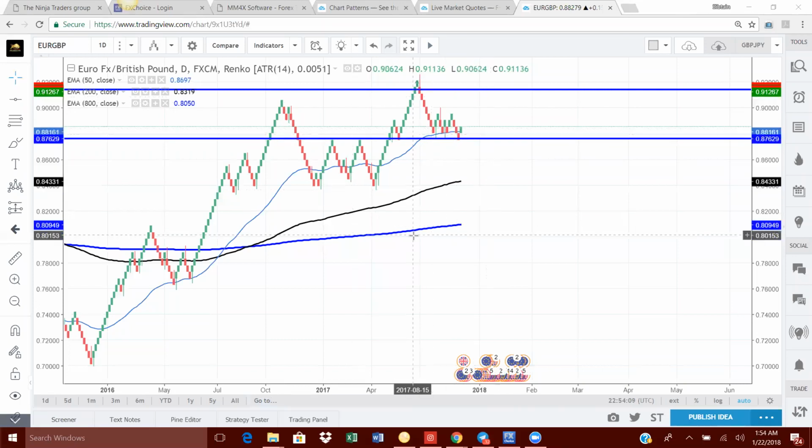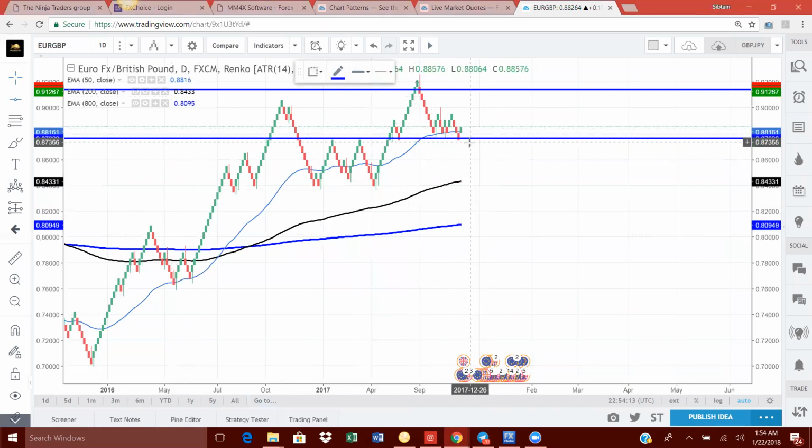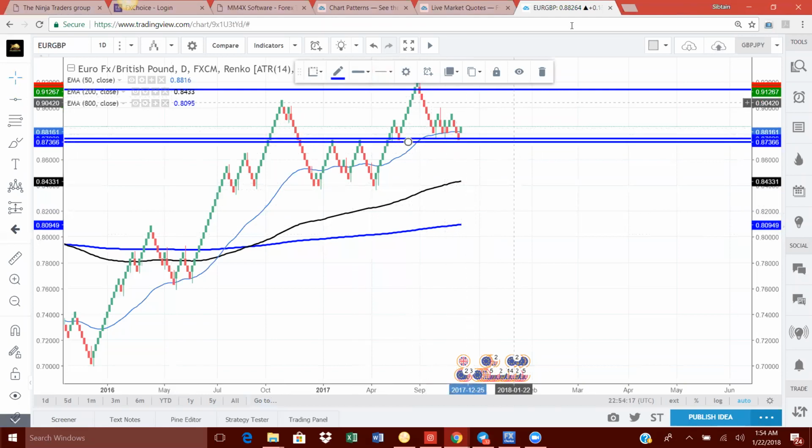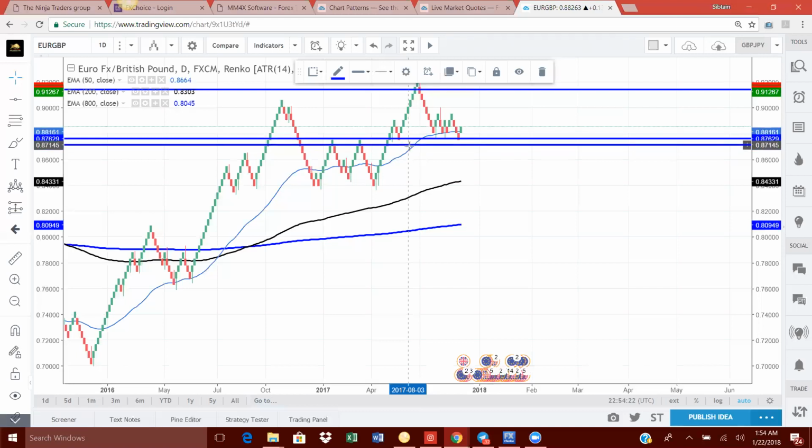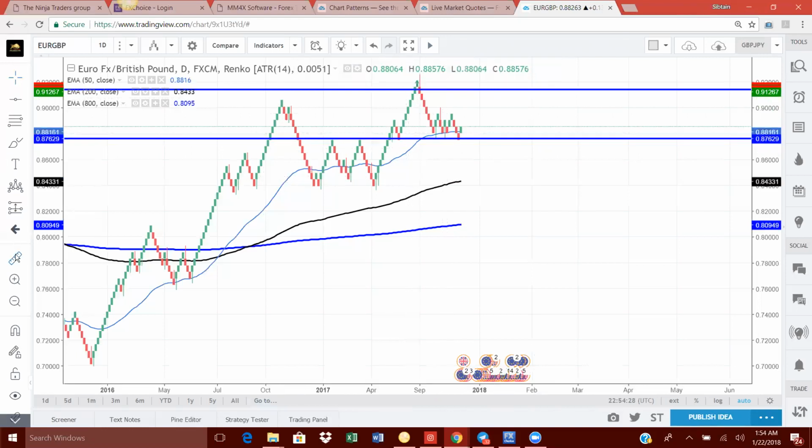Even if you buy it from now, put your stop loss, because I had a buy since last week, so I'll not buy it anymore. Put your stop loss where the price is from now.